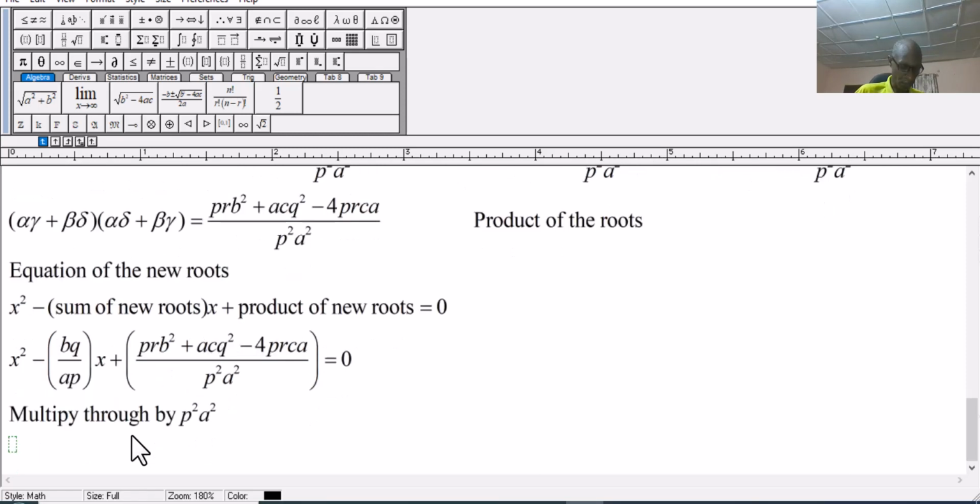So what you have is p squared a squared x squared minus, so this will become pa bracket close, then bq into x minus, I can just copy this as well.